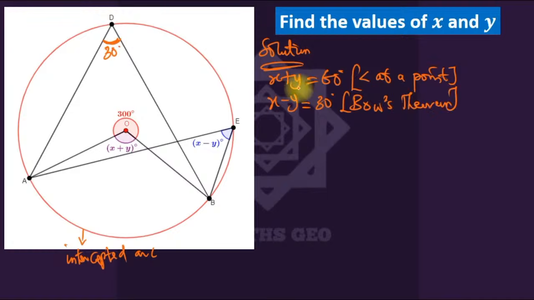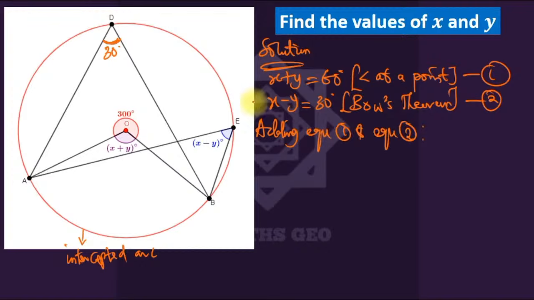So we have a simultaneous equation. This is equation 1, this is equation 2. We eliminate y by adding equation 1 and 2. Adding equation 1 and equation 2, we see that 2x will be equal to 90, which implies that x is 45.